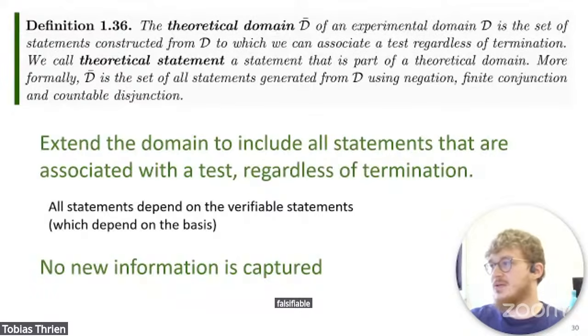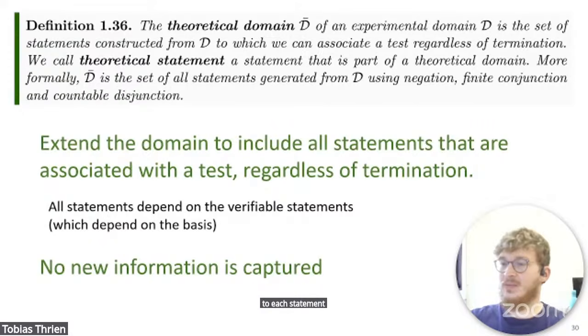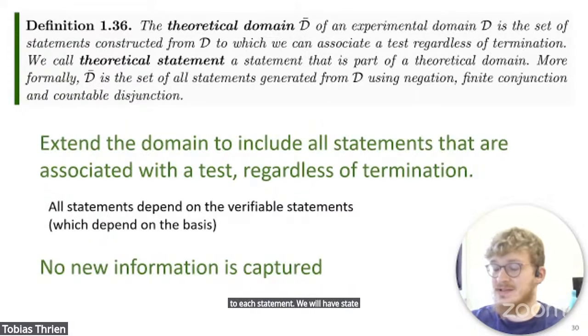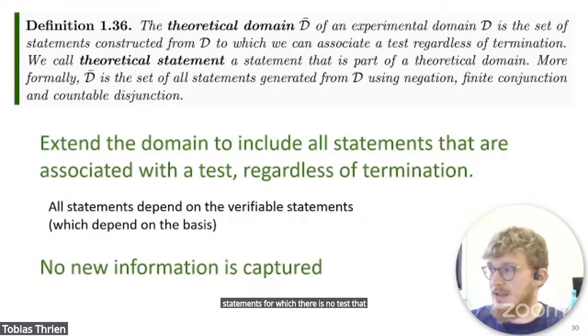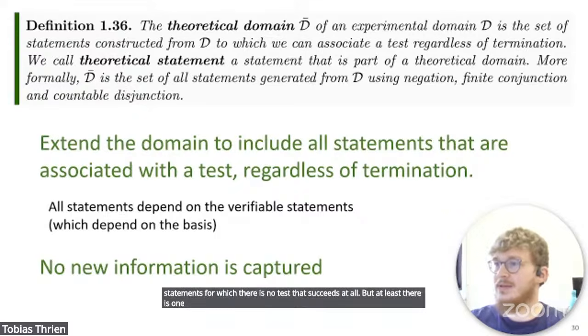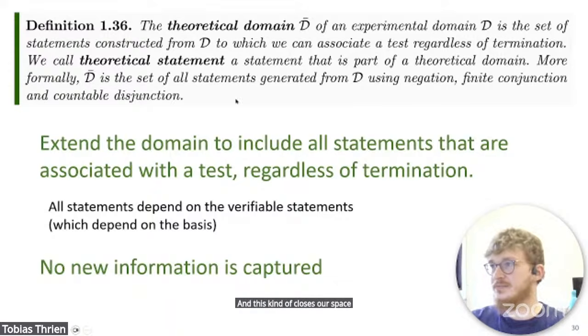If we now close our statements under negation as well, we will lose verifiability for some statements, but we still have at least a test associated to each statement. We will have testable statements for which there is no test that succeeds at all. But at least there is one. So the statement at least makes sense. And this kind of closes our space now. The experimental domain is contained in this theoretical domain.